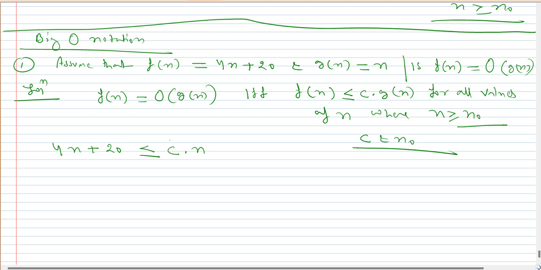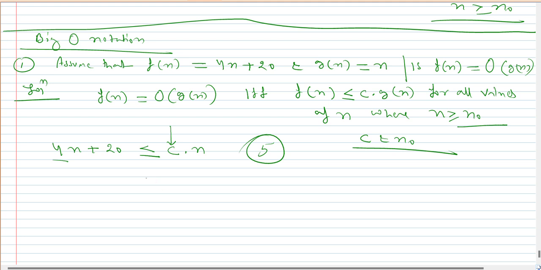So let's choose the value of C as 5. Why 5? Because here I am taking this constant 5, one greater than this one, 4. Now let's check for which value of n and n naught this inequality will hold.